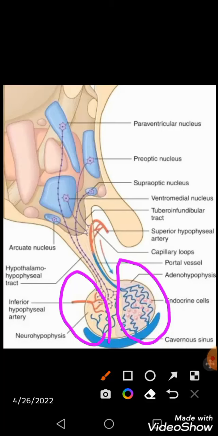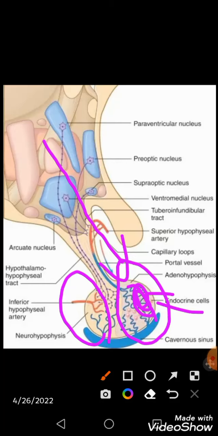And in this way, if you concentrate on the anterior region, you can remember the growth hormone, the thyroid hormones, and you can visualize the other hormones like FSH, LH, and MSH. They are all produced here, and the stimulatory effect comes from the hypothalamus, and they use the hypothalamo-hypophyseal tract for this.